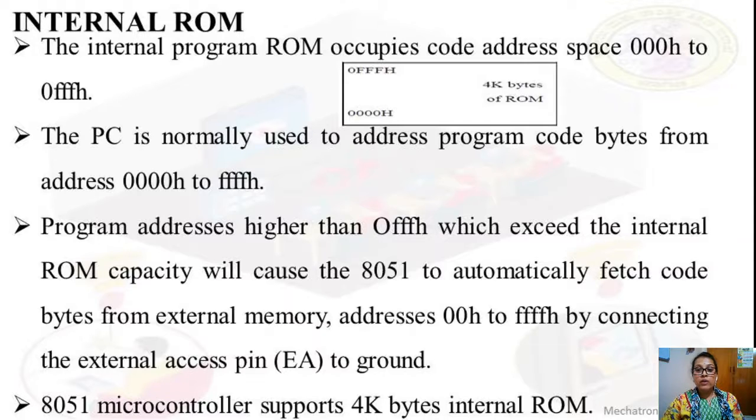If internal memory is not sufficient, the processor will go for external memory, starting from the address 1000H, by connecting the external access pin to ground.